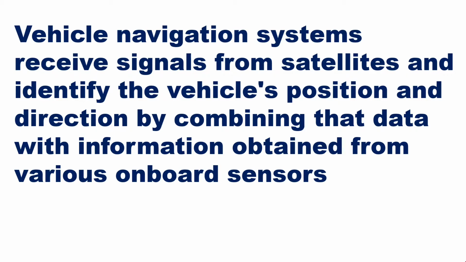They receive signals from the satellites for GPS, that is global positioning system, and combine that position with information obtained from various onboard sensors. After combining, it tells where exactly the vehicle is.